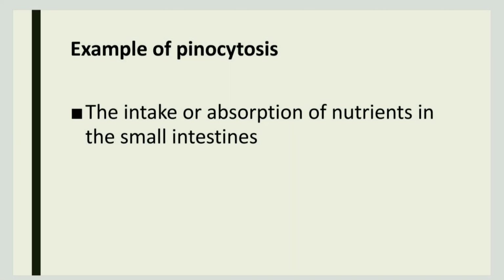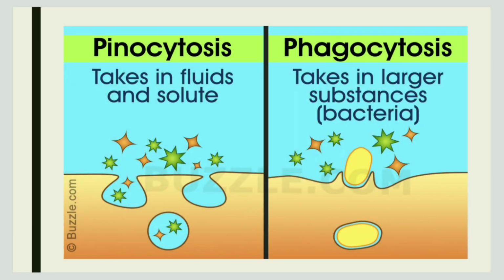An example of pinocytosis is the intake of nutrients in the small intestine. So, the small intestine takes its nutrients by a process called pinocytosis. This diagram would help you understand the difference between phagocytosis and pinocytosis.